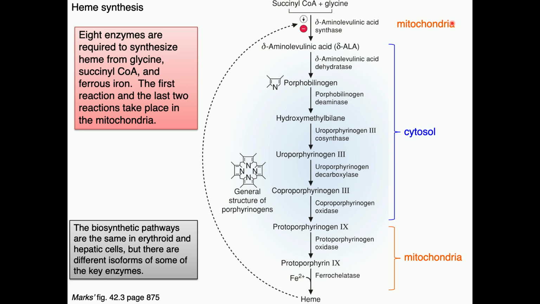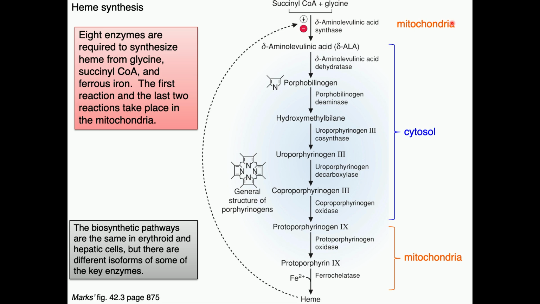Okay, so there are 8 enzymes that are required to synthesize heme. So the substrates are succinyl-CoA and glycine, and then ferrous iron at the last step. So the first steps and the last steps take place in the mitochondria, and then the intermediate steps take place in the cytoplasm.